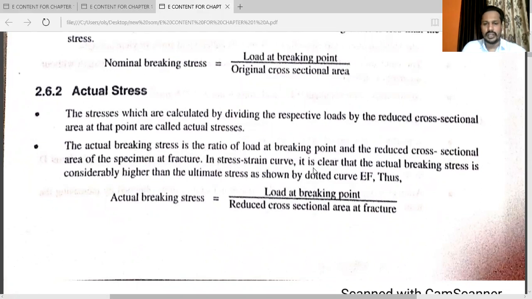In the stress strain curve, it is clear that the actual breaking stress is considerably higher than the ultimate stress as shown by dotted curve EF. Thus, actual breaking stress is equal to load at breaking point upon reduced cross-sectional area at fracture.